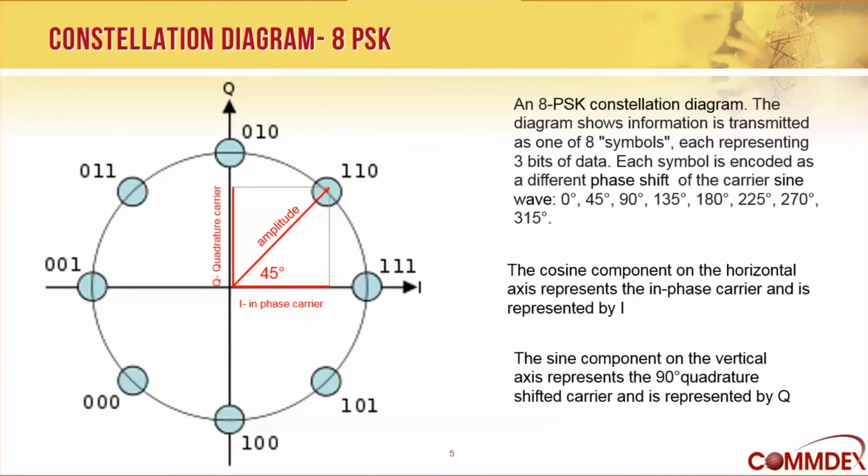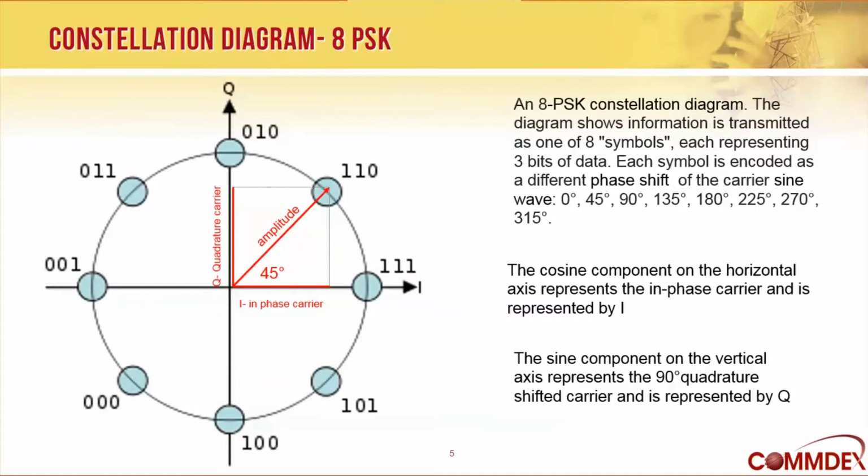So the cosine or the x-axis represents the in-phase carrier, and we call that the I component, I for in-phase. The vertical axis or the sine component is called the quadrature component or the Q component. And so you know from trigonometry that every angle has a sine and a cosine component, or you could say a horizontal and a vertical component.